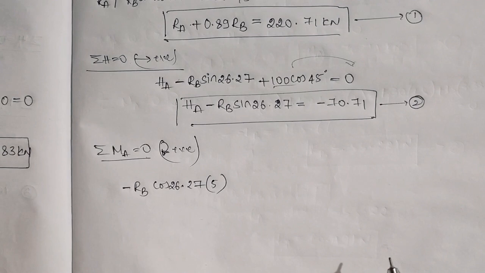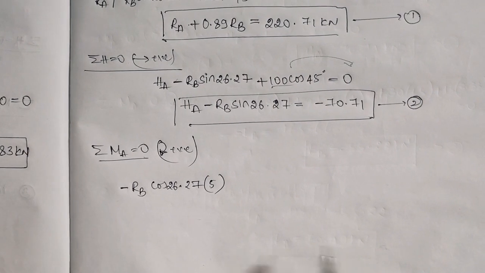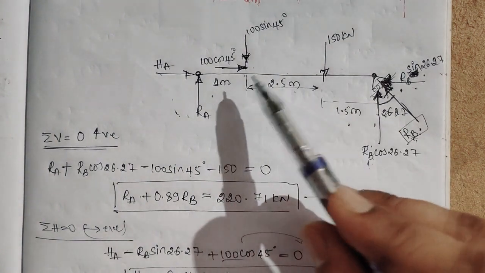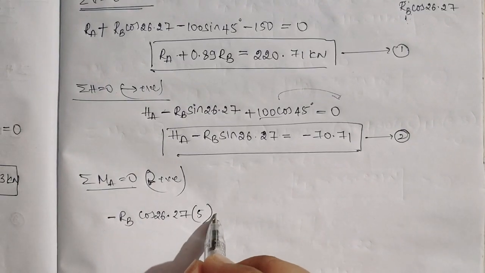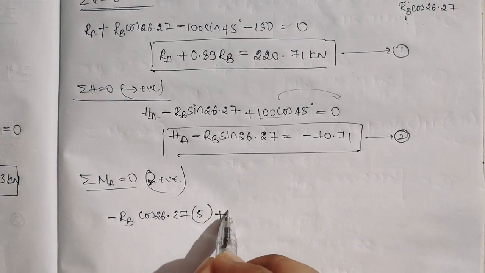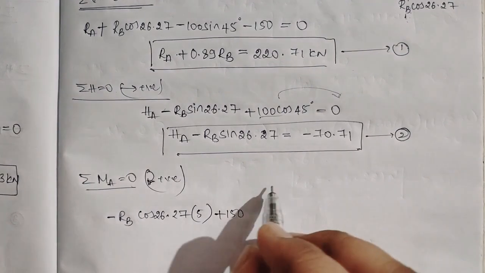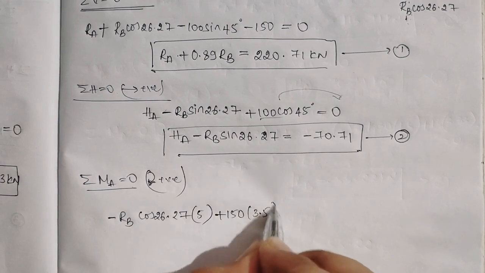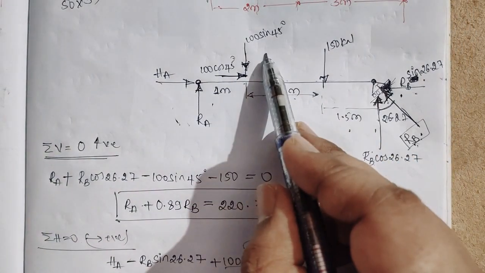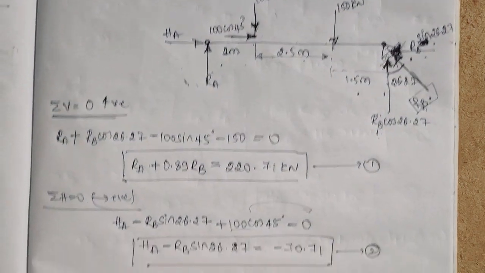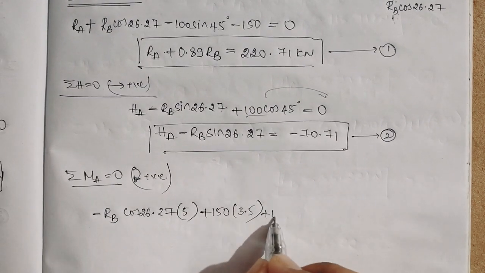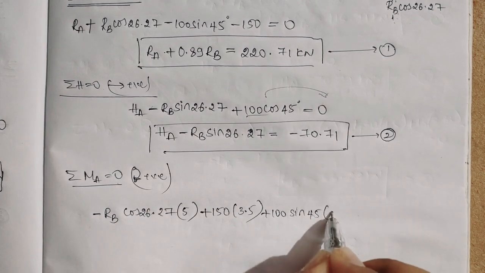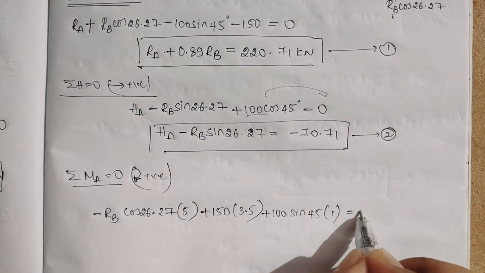Distance is 5 meter between A and B. Next, this 150 into 2.5 plus 3, so that is clockwise direction, plus 150 into 3.5, then this 100 sine 45 into 1 is equal to 0.